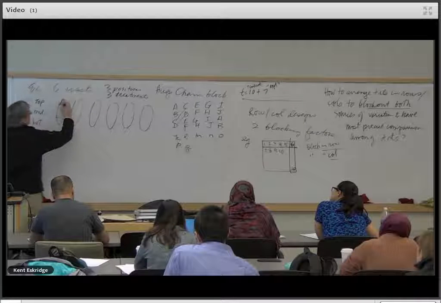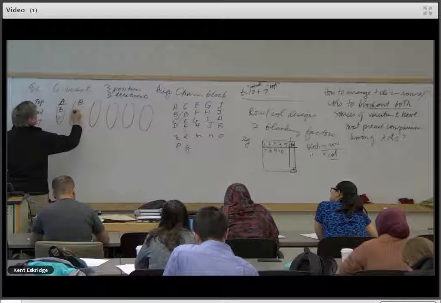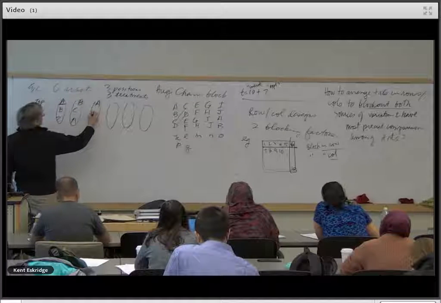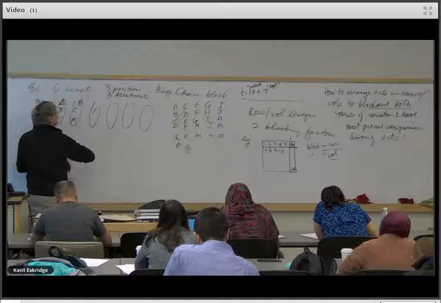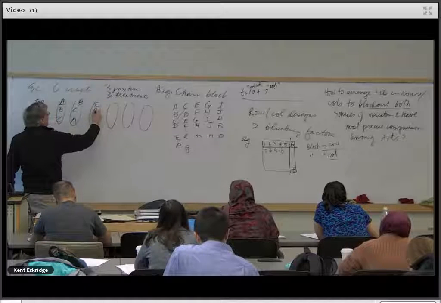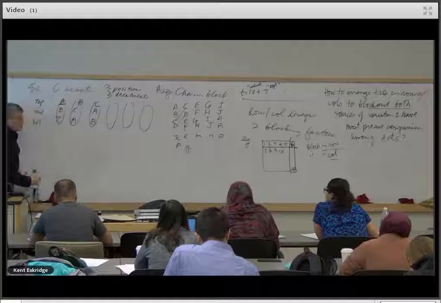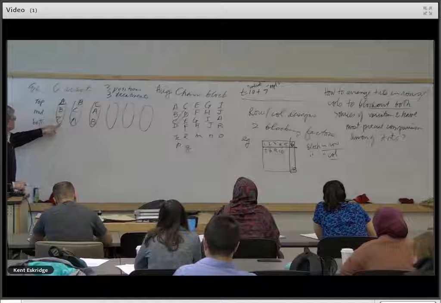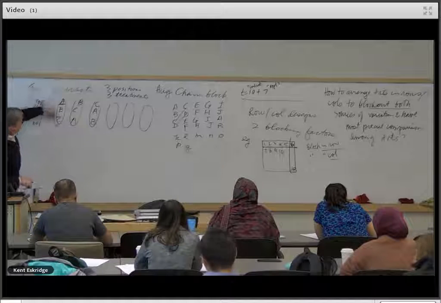I'm going to put A, B, C, B, C, A, C, A, B. That's a Latin square, right? Each treatment appears once in each row and each column.